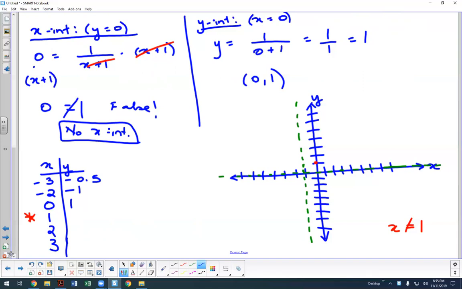Let's see, I did 1/2 for this one, but again, it is part of our special case. At 2, we should have 1/3. And at 3, we should have 1/4.